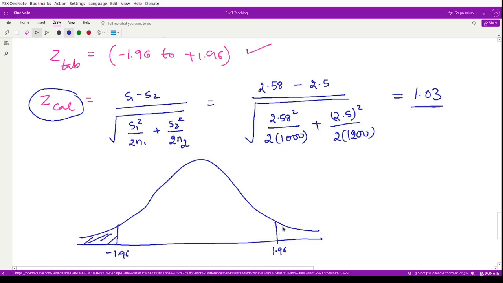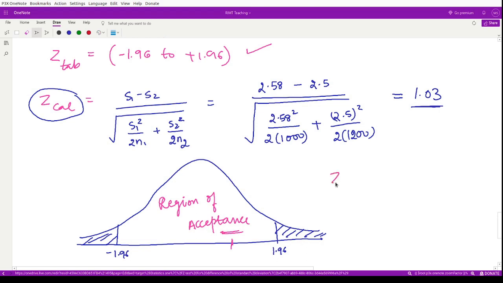This is your critical region. Now let's have a look where your value lies. The value is 1.03. The 1.03 value would lie somewhere here, right? So it lies in the region of acceptance.